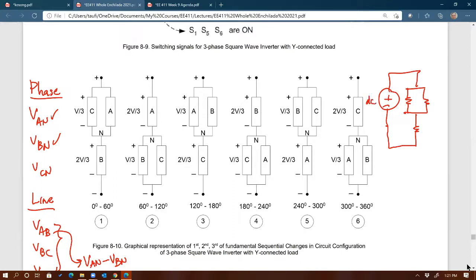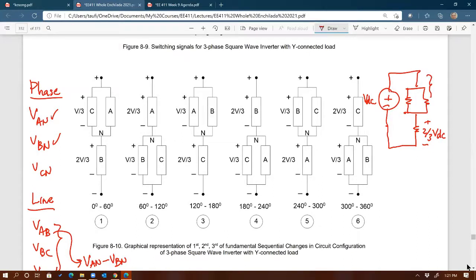And do a voltage divider for this. Then how much voltage is appearing across the one by itself? That's gotta be 2/3 of VDC, you agree? And the one that has two in parallel, that's gonna be giving you 1/3 of VDC, right?